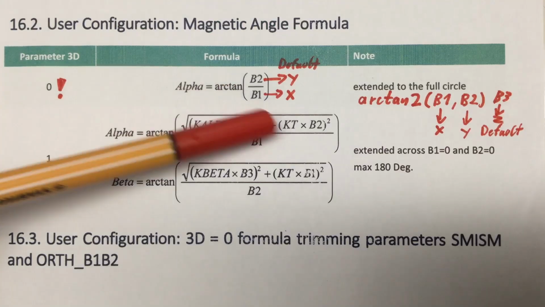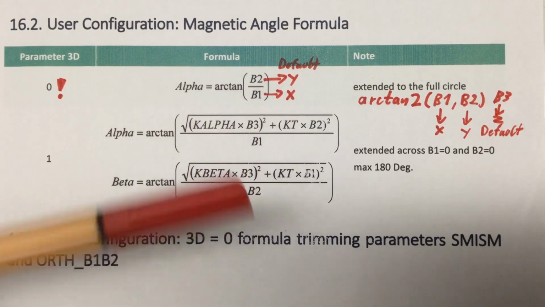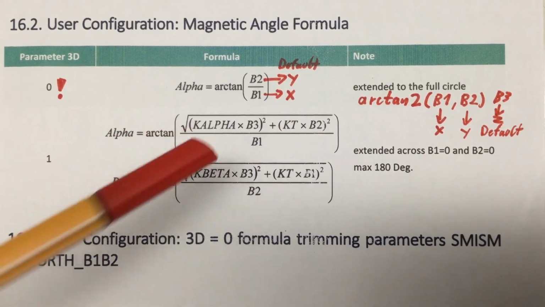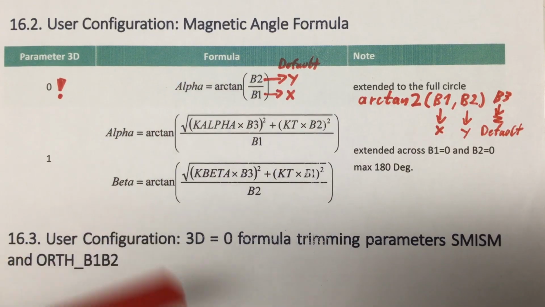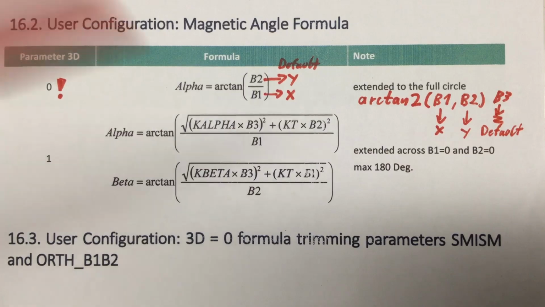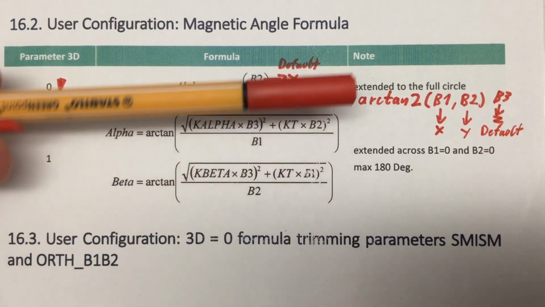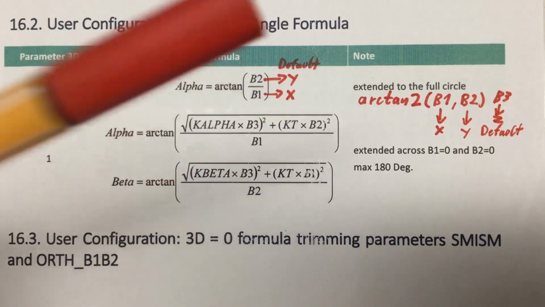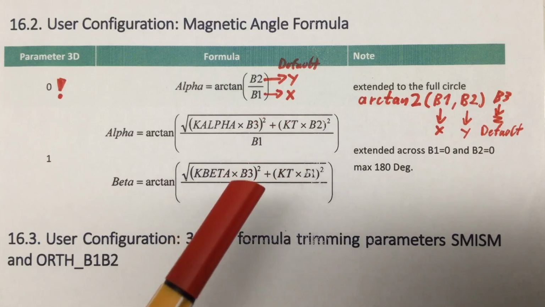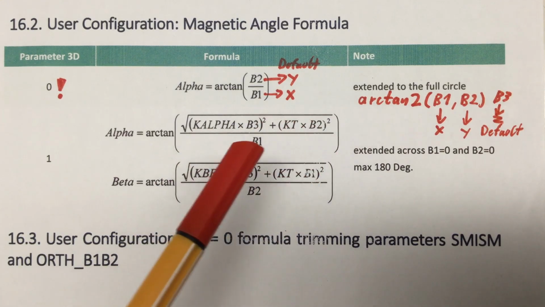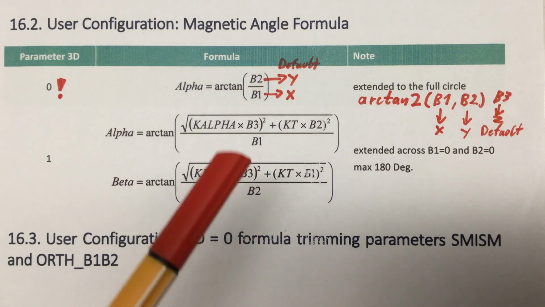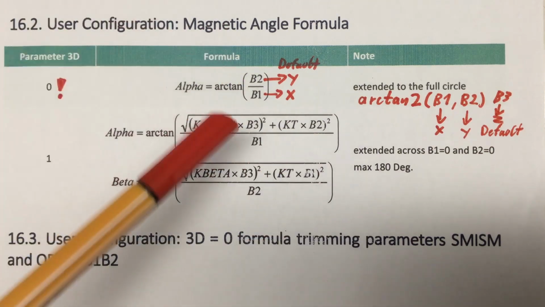KT leaves me scratching my head because I don't really understand it, and that's really all the information in the datasheet we have about it. Just looking at the top formula for the alpha angle, you could use KT to scale the B2, that is Y signal, in relation to the B1 signal, which could also be necessary.